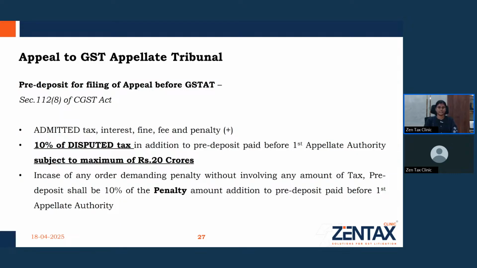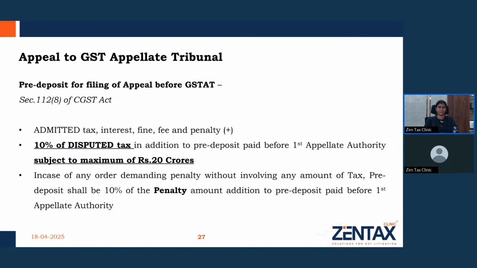Since we have paid pre-deposit for filing the first appeal, should we pay pre-deposit again? The answer is yes. Pre-deposit should again be paid at the time of filing appeal before the appellate authority. So in case we are admitting any amount at this stage, then 100% of the admitted tax amount, interest, fine, penalty, and late fees should be paid, along with 10% of the disputed tax in addition to the pre-deposit paid before the first appellate authority.